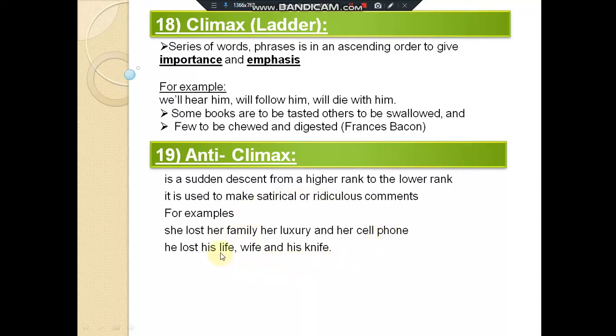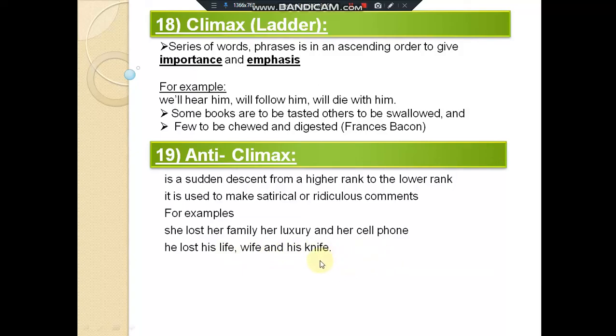He lost his life. When life is lost, it means everything is lost. Then the wife, and then his knife. It means that when life is lost, the wife doesn't have much significance, because obviously he must have lost his wife as well in the life. And then the knife, a very funny one.